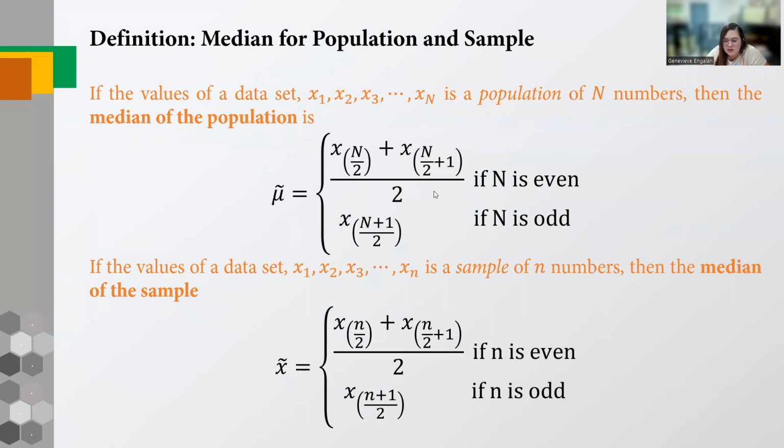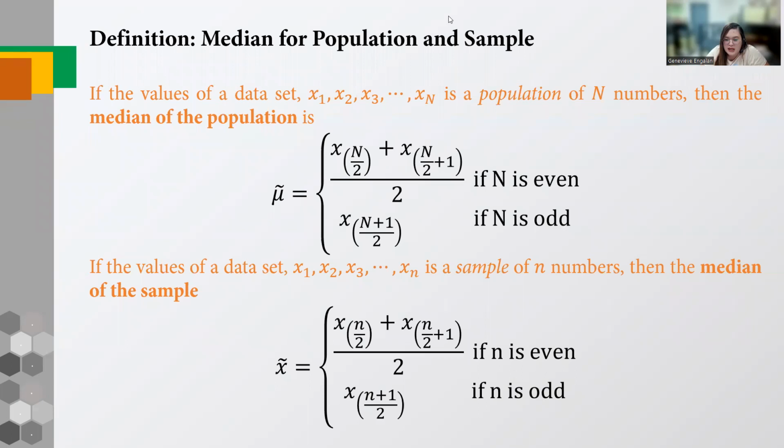The same formula is used for population and sample. So if n is even, you take the average of the (n/2)th and the (n/2 + 1)th values.